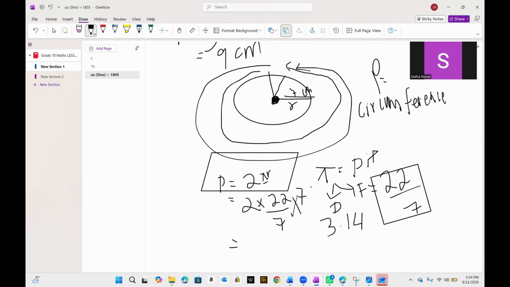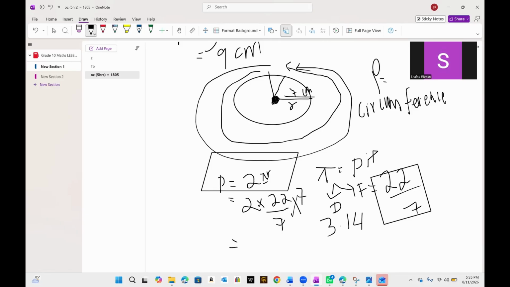Don't go multiply and take a big answer, then you will get confused and get the wrong answer. So do it like this. Simplify. Make it smaller. Bottom ones and top ones, cut them off. You can do the division there. Cut all the below ones with the upper ones.